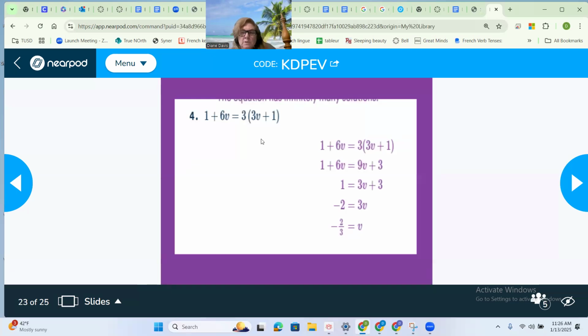What about this one? You're going to end up with V equals -2/3, because you multiply this out and get 9V plus 3. And then you combine, when you take the 6V from 9V, you get 3V, and 3 over here, you get a -2.